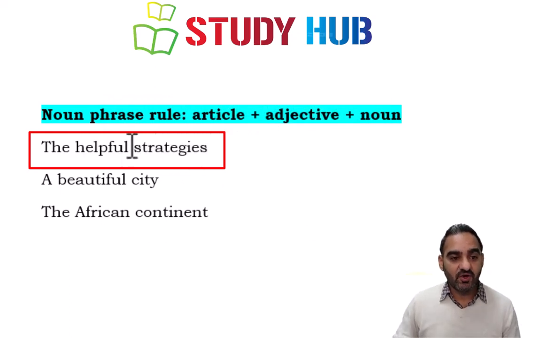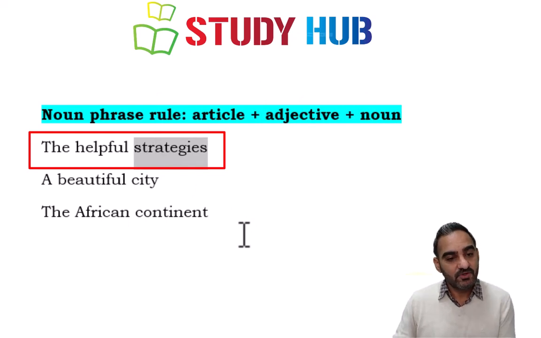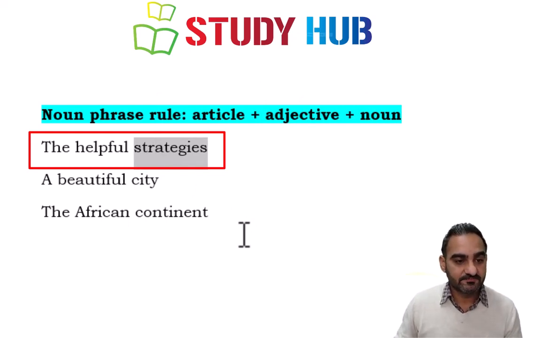This understanding of the noun phrase will also help you to identify the missing words that you need to fill in. For example, if this is a blank here, the dash strategies, you're looking for an adjective there. You're looking for a word that defines those strategies. Or if this is the blank here, the helpful something, you know we are looking for a noun there.